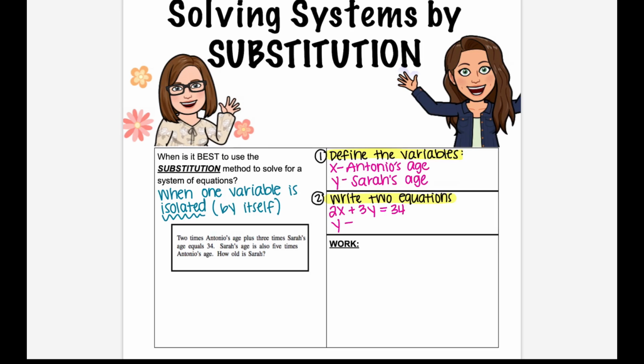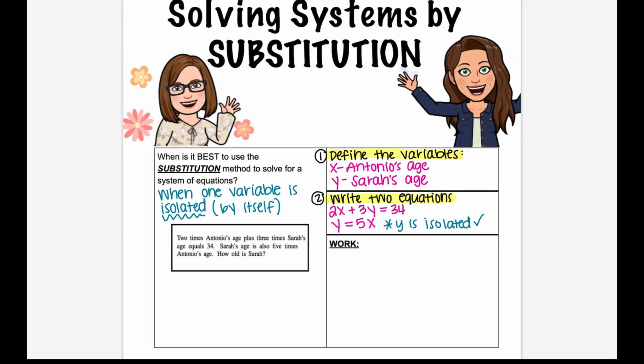But we also know Sarah's age is 5 times Antonio's age. So now we have two equations. At this point, we want to make sure that we have a variable that is isolated. In the second equation, y is already by itself.